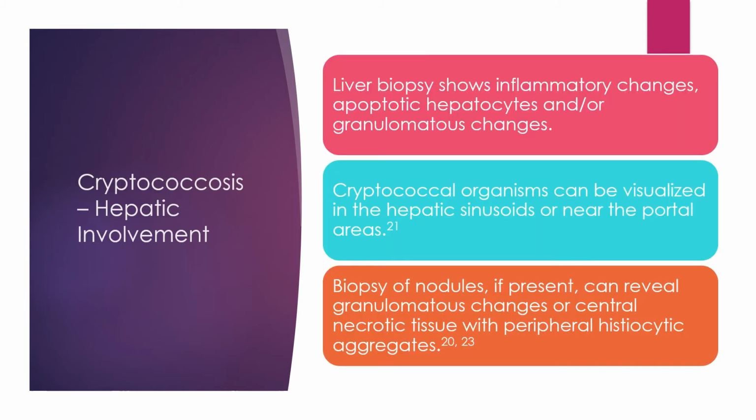Now, if the liver is involved in the setting of disseminated disease, biopsy can sometimes show inflammatory changes with apoptotic hepatocytes and or with granulomatous changes. Cryptococcal organisms have been described in the hepatic sinusoids or near the portal areas in these specimens. And if nodules are evident in the liver, biopsies of these can reveal granulomatous changes or central necrotic tissue with peripheral histiocytic aggregates.